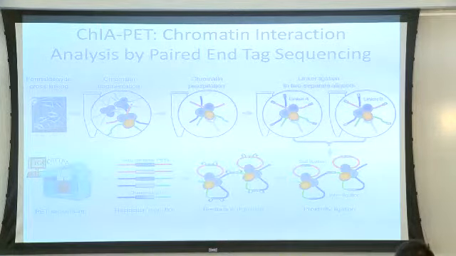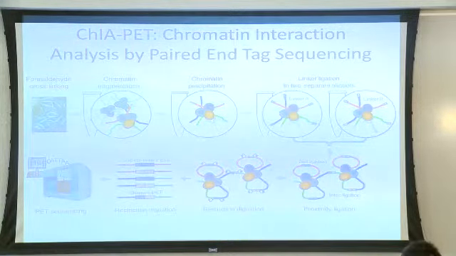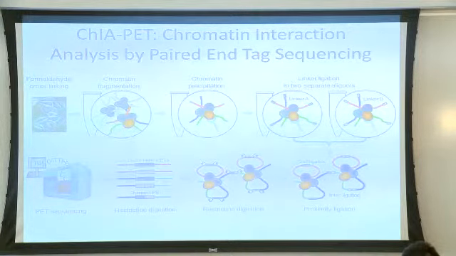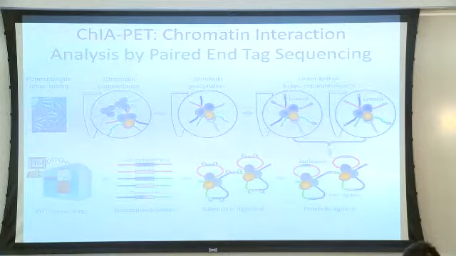And I think this is my last slide, just one more flavor of ChIP, and this is chromatin interaction analysis by paired end tag sequencing, which again is a form of ChIP.